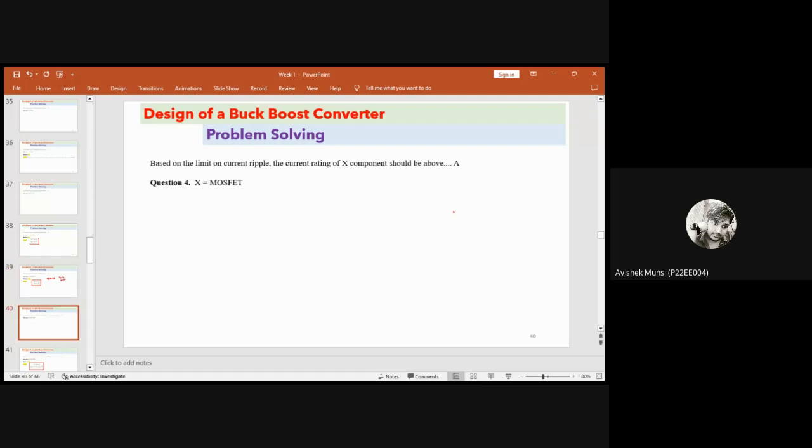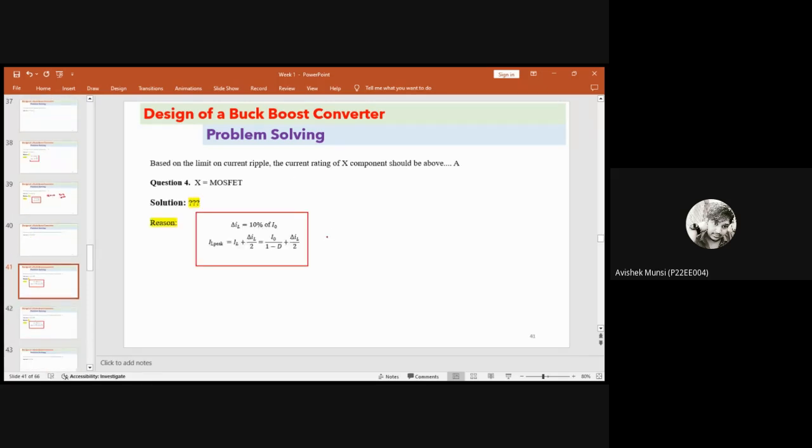Next question. What will be the ripple current of X, where X is the MOSFET? You can solve it in that way. As I said, it is I0 times (1 minus D). So just put it in.